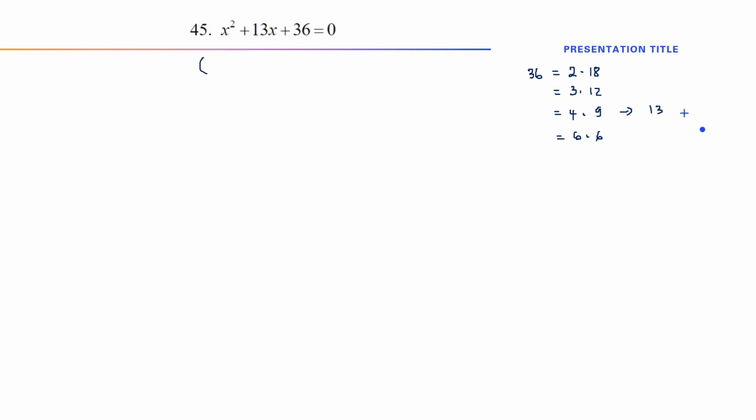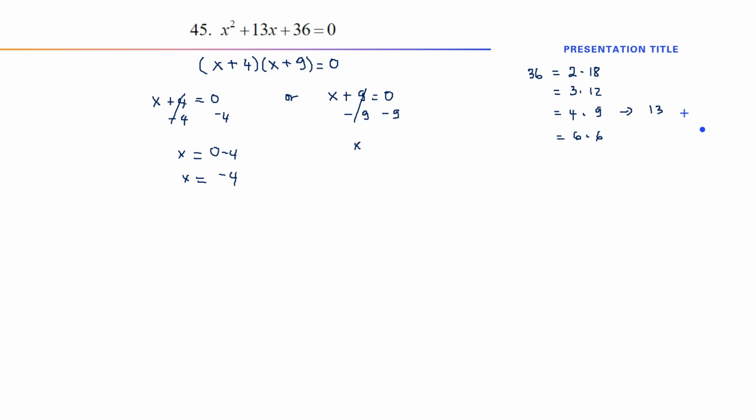We can factor this one by x plus 4 times x plus 9. Using the zero factor property, x plus 4 equals 0, or x plus 9 equals 0. Minus 4 both sides, x equals negative 4. Minus 9 both sides, x equals negative 9.